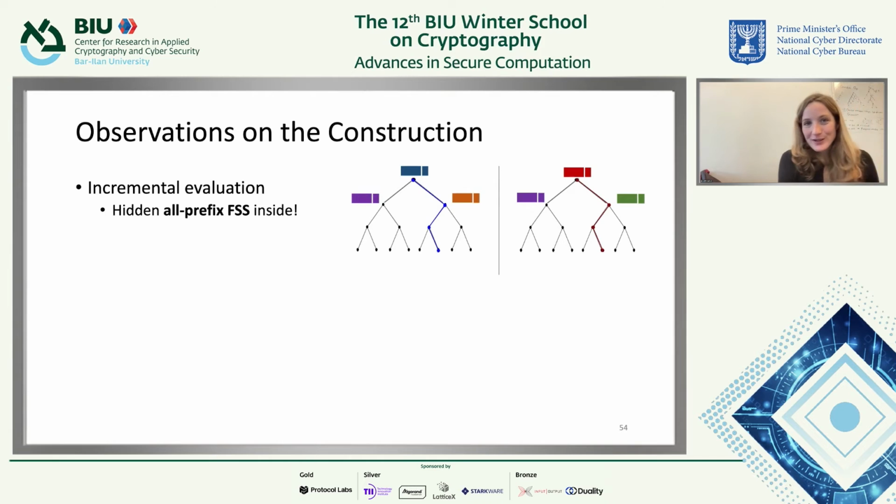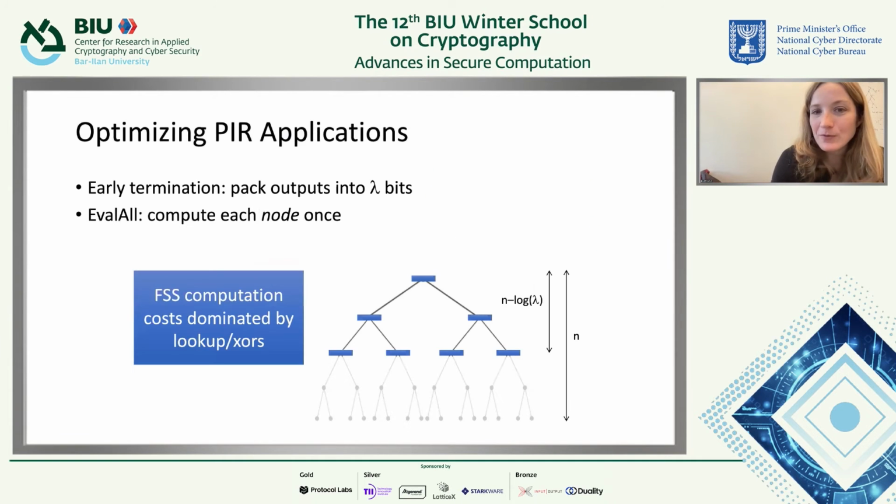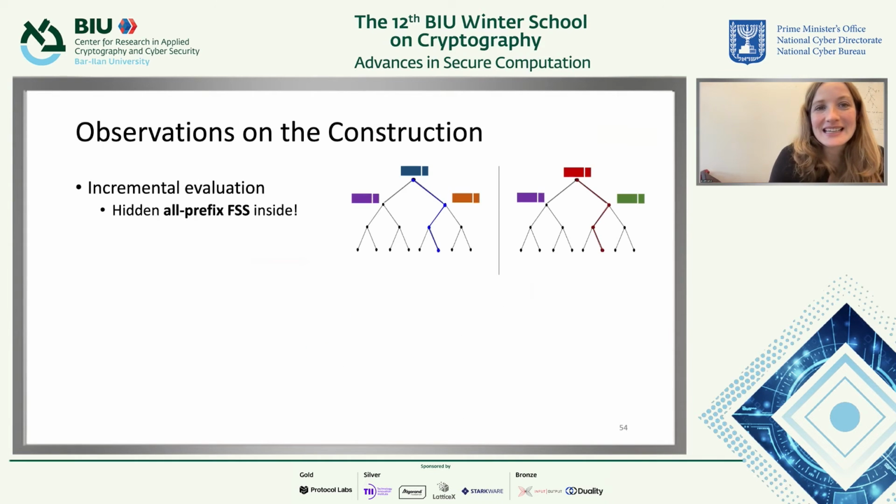Okay, a few final observations, taking a higher-level look at the construction. One, which is also relevant for this optimization I mentioned, is that there's an incremental evaluation structure, which ends up being useful in a lot of different ways. And one thing that's perhaps less obvious is that secretly inside this DPF construction, there's also a construction for an all-prefix FSS. What do I mean by that?